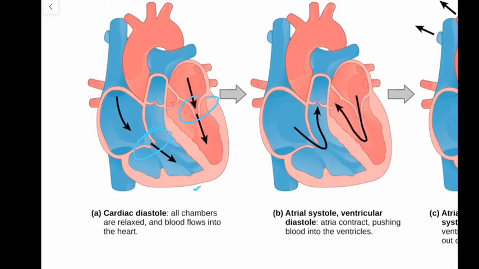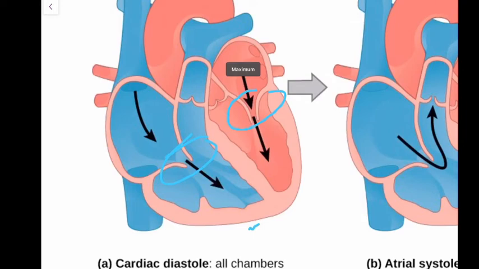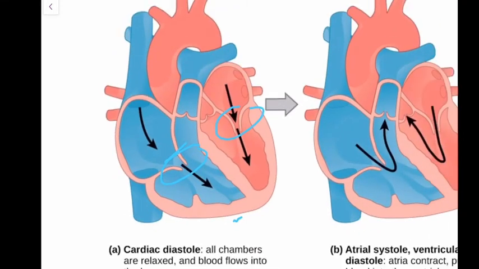Since the pressure in the atria is more than that of the ventricles, this blood passively flows into the ventricles and fills them. To maintain this direction, the AV valves remain open, and to prevent blood flowing back from these major arteries to the ventricles, the semilunar valves are closed at this time, as shown here.